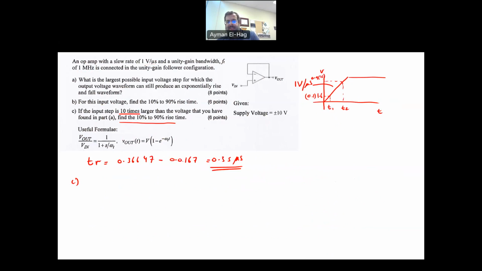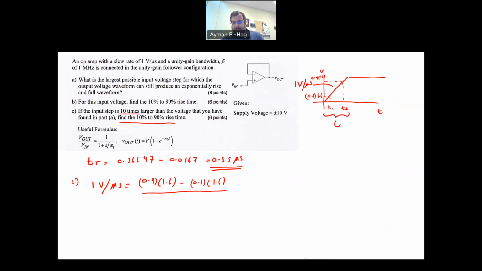So that is the slope. So your slope, which is 1 volt per microsecond, will equal the difference of y divided by the difference in x. So this will equal 0.9 times 1.6 minus 0.1 times 1.6 divided by T2 minus T1.